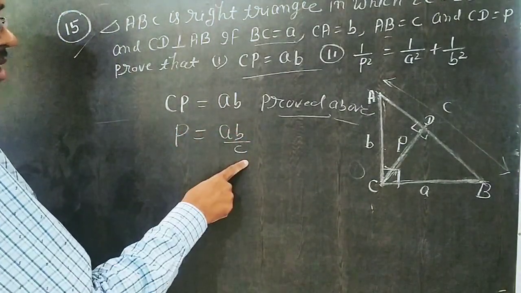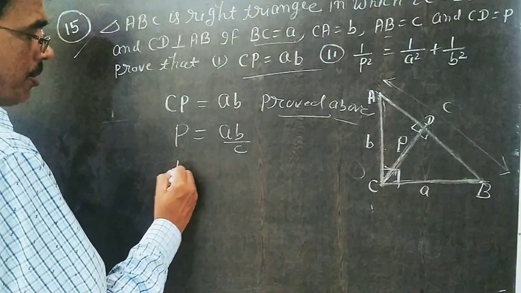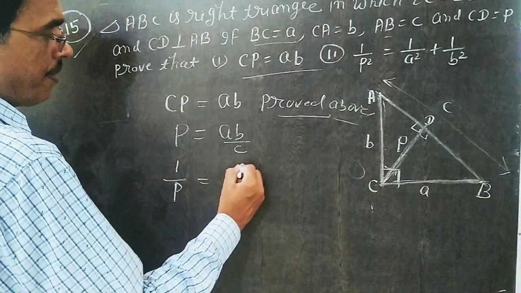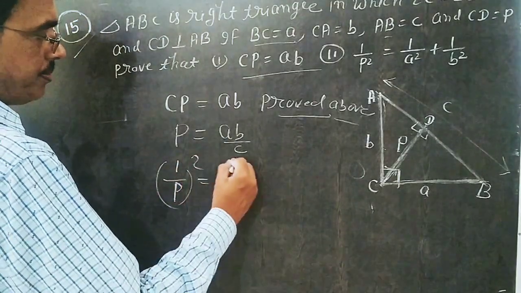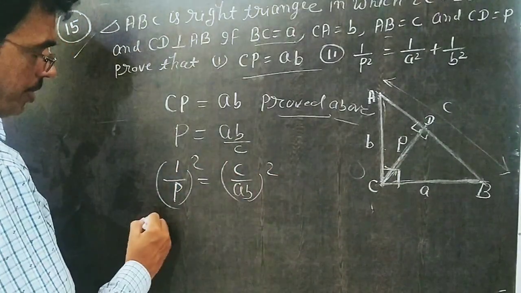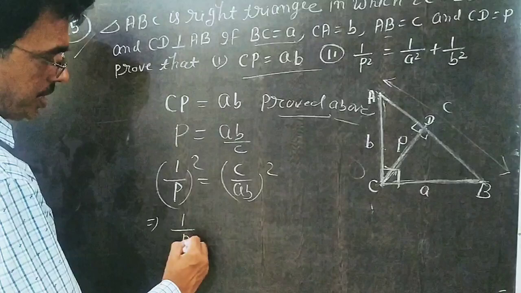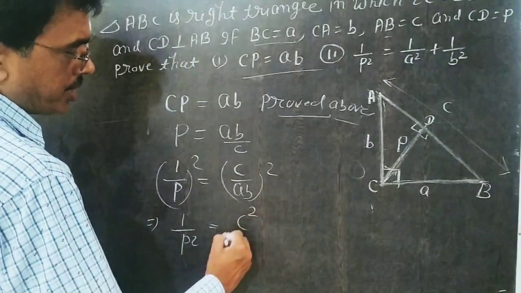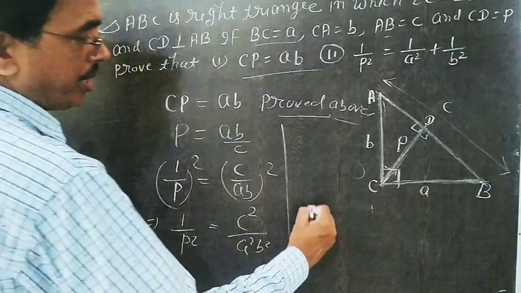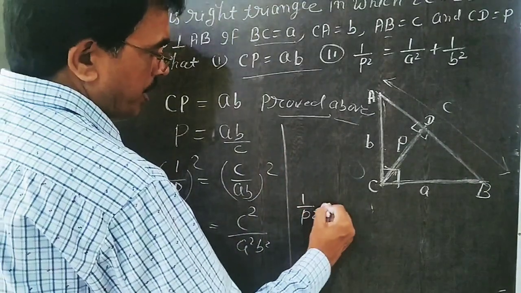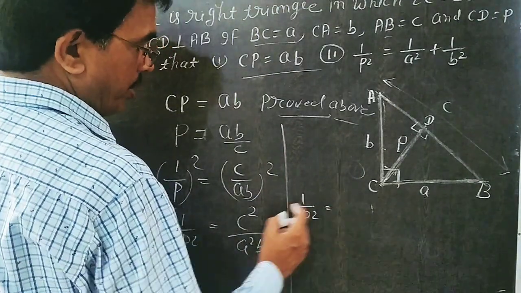Write the reciprocal form: 1 by p is equal to c by ab. And squaring both sides, you get 1 by p square is equal to c square by a square b square.